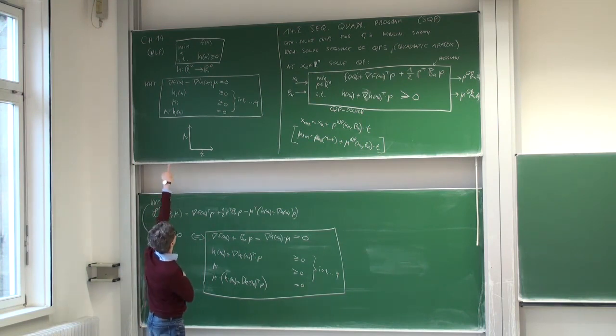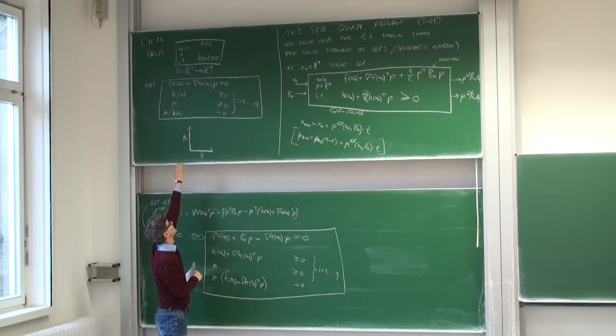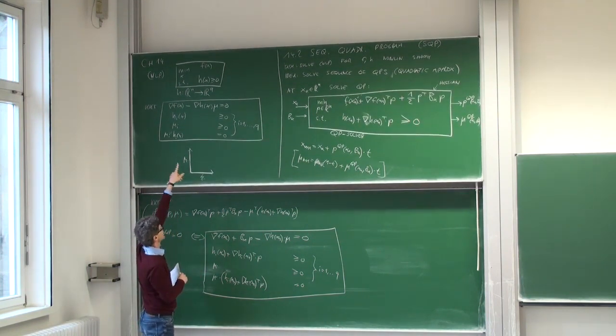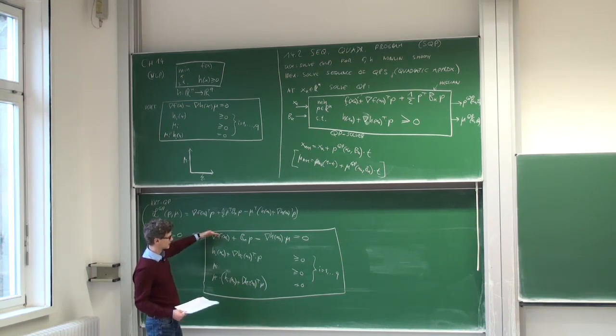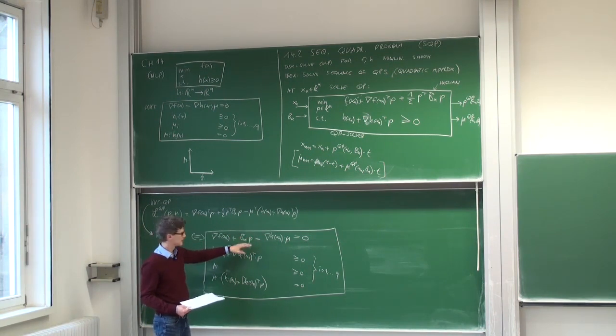So if you would linearize the first line of the KKT conditions with respect to x, then you would get a Taylor series where this term is the constant part, and this one is the dependency of this whole function with respect to x times p. p is actually delta x, so that's a step in x.